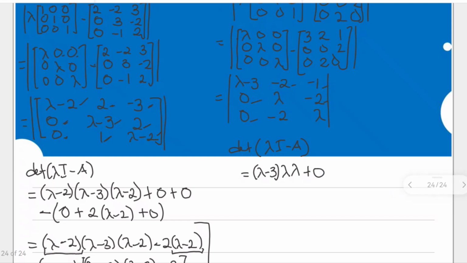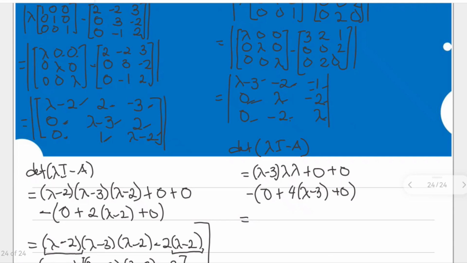Negative 1 times 0 times negative 2 is also 0. Minus the entries on the other side. You have negative 1 times lambda times 0, that's 0. Plus negative 2 times negative 2, that's 4, positive 4 times this expression. So 4 times lambda minus 3. Then you have lambda times 0 times negative 2, that's another 0.